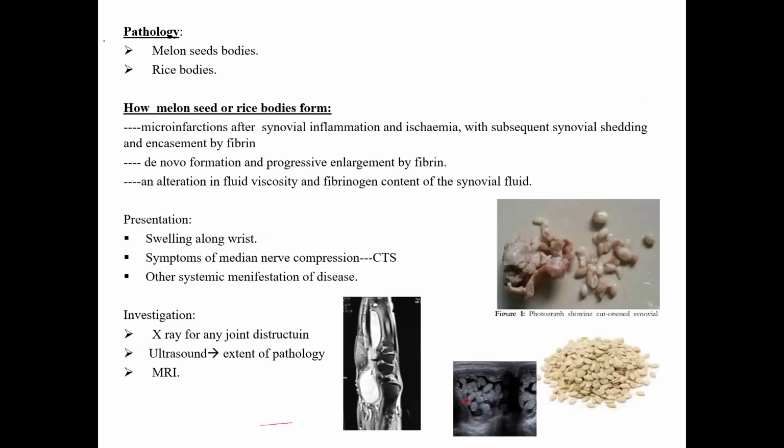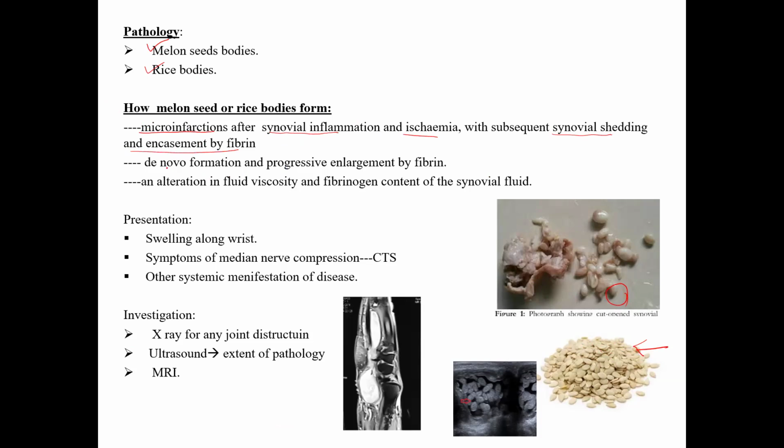So we find two classical bodies here. One is called melon seed bodies, the other is called rice bodies. If you see here, this is how the melon seed bodies are. Okay, how are the melon seed bodies forming? There are microfractures happening after the synovial inflammation and ischemia. So these get shed off from the parent synovial lining and get encased by fibrin.